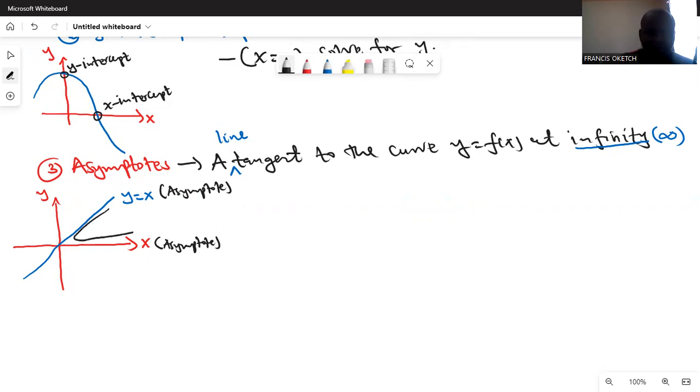Our curve can never intersect those two lines. Another one could be something like this. You see, you expect them to meet at infinity. So those are examples of asymptotes. So we have three types of asymptotes. The first one is what we call vertical asymptotes.